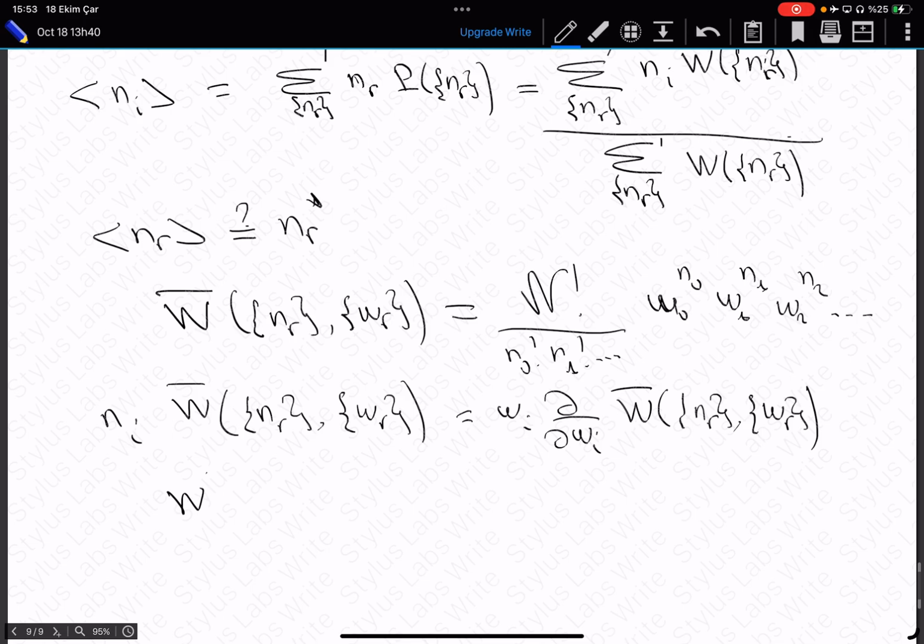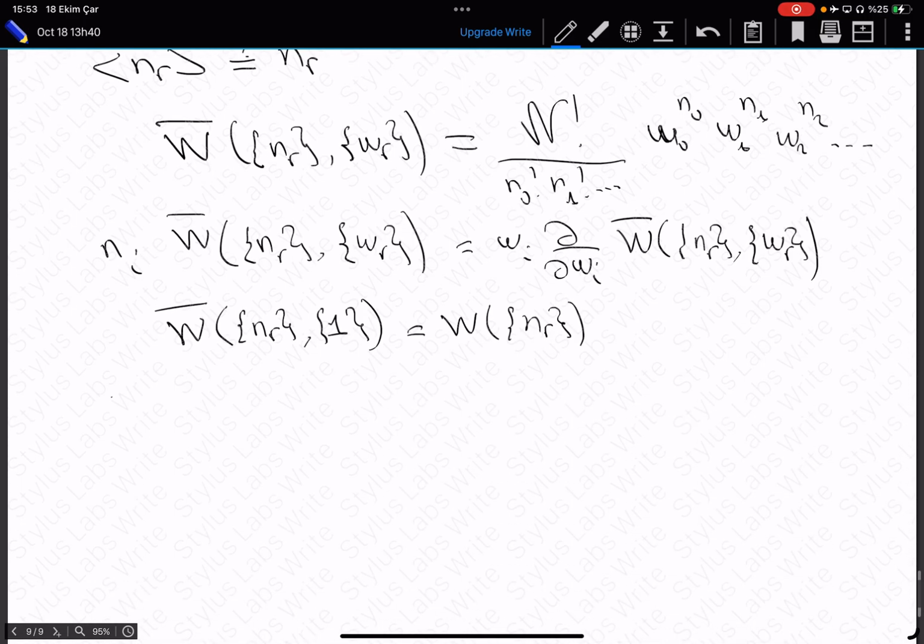And when I set all omega r's to 1, this is nothing but my omega. This is why I introduced that omega bar, to be able to use this trick. So if I can calculate omega bar, I don't need to calculate two things in the denominator and in the numerator. If I just calculate omega bar, I'm done.